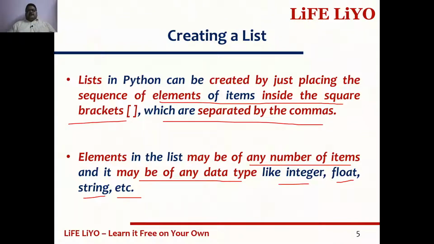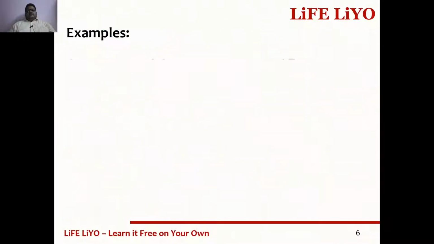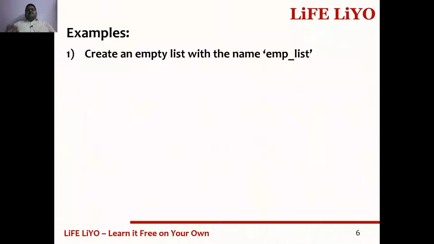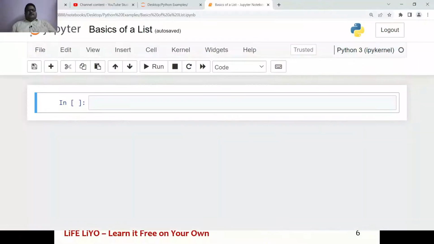Let us look into the examples. First one, create an empty list with the name emp_list. Let us execute this one. emp_list equal to empty brackets. That's it.